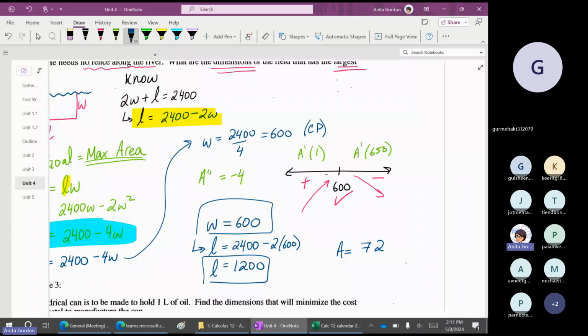How many zeros? Count. It's 720,000. So the 72 is right, but how many zeros? 4. 1, 2, 3, 4. 720,000. What's the units? Square feet. Beautiful.